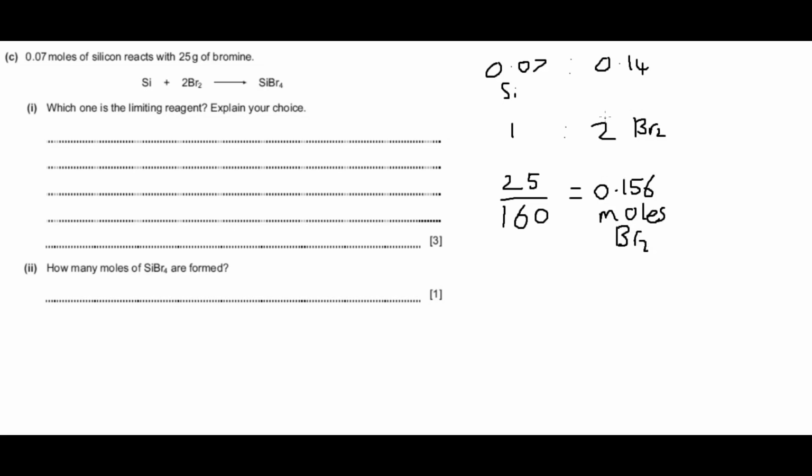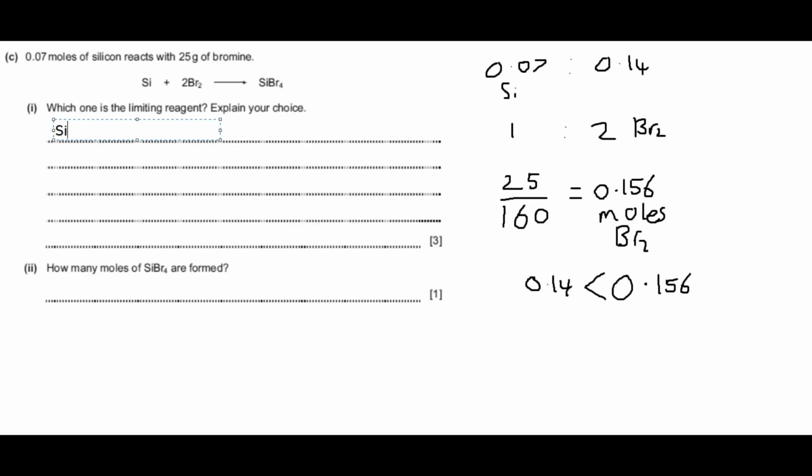So do I have enough to fully react with the silicon? Yes, I do, because I need 0.14, and 0.14 is smaller than 0.156, which is how much I've got. So I have more than enough to react. So what is the limiting reactant? That's the one that's going to be completely used up.